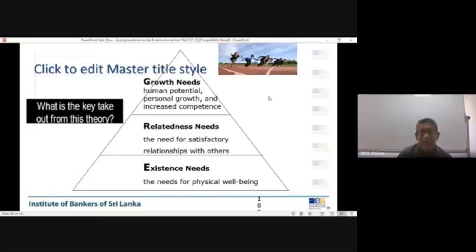That is the key takeaway from this theory. You do not necessarily have to fulfill needs 1, 2, 3, 4 in order. You can identify these types of needs and come up with organizational development activities or promotional activities to motivate employees.